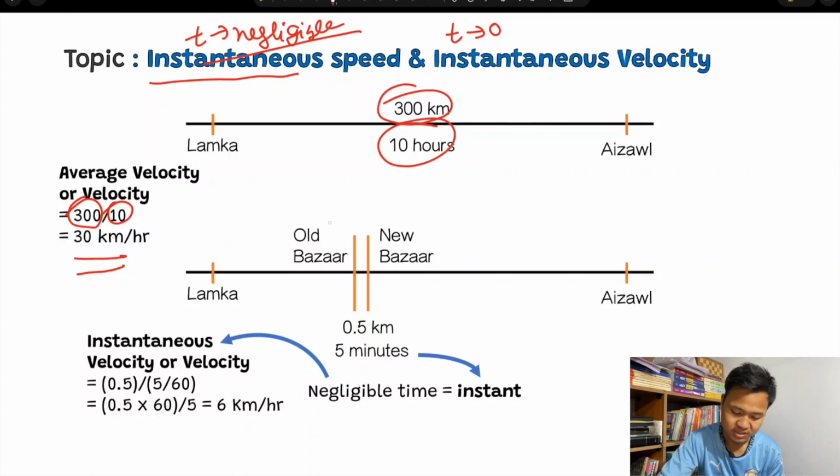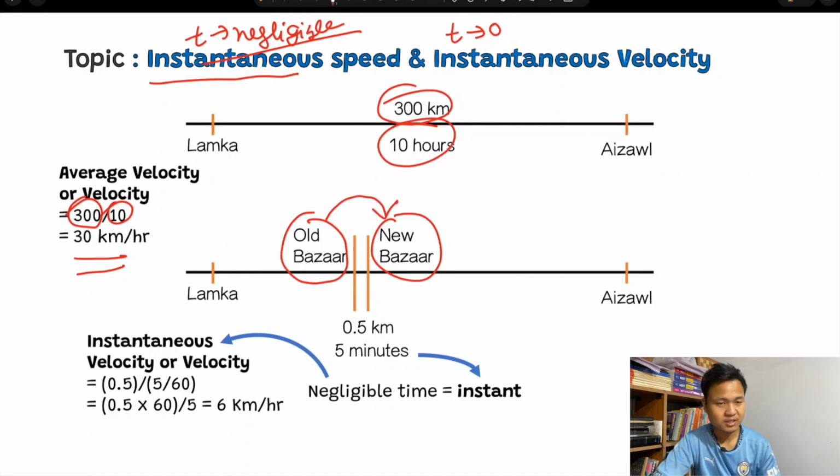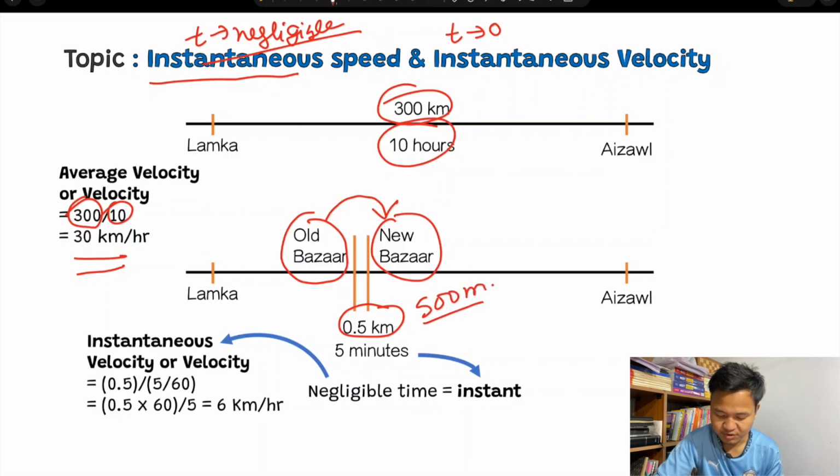For example, going from Old Bazaar to New Bazaar, the distance is small and the time it takes will also be very small. Say Old Bazaar to New Bazaar is 500 meters, 0.5 kilometer.